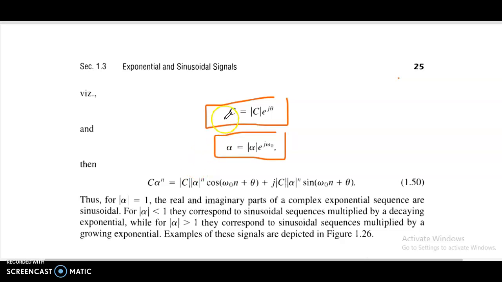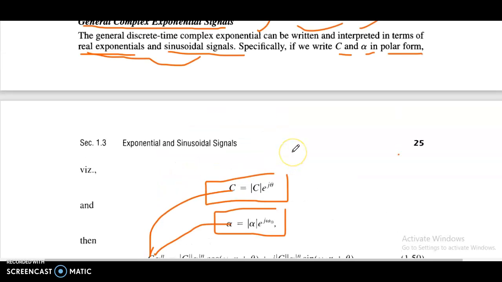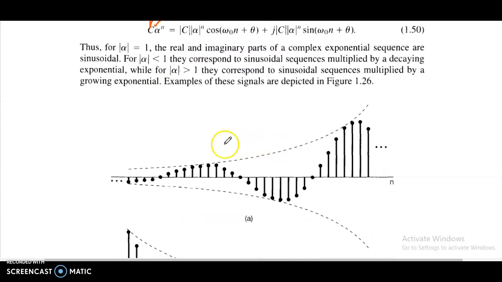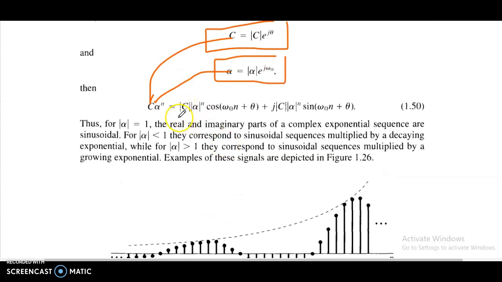Then C alpha power n equals mod C mod alpha power n cos of omega naught n plus theta, plus j mod C mod alpha power n sin of omega naught n plus theta.